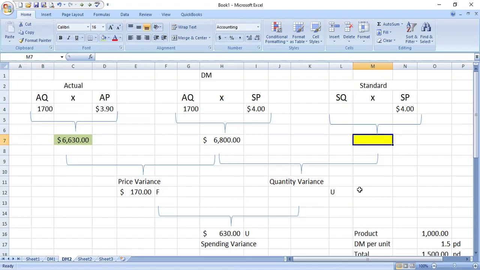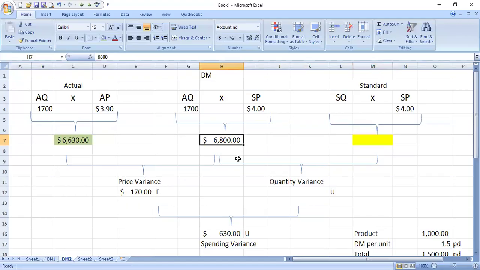You have to know which one is what, because the question is going to throw you off. I can even throw you this: I still have to give you the spending variance, because once you have the price variance, you can eliminate.